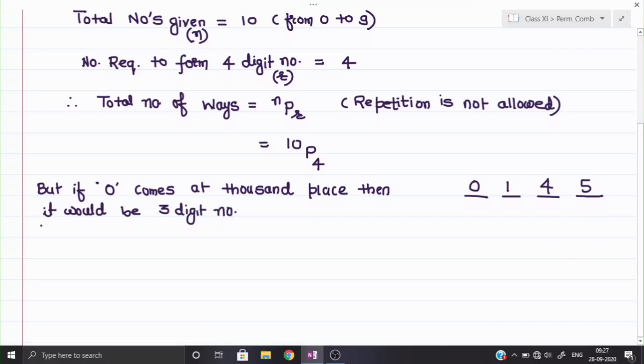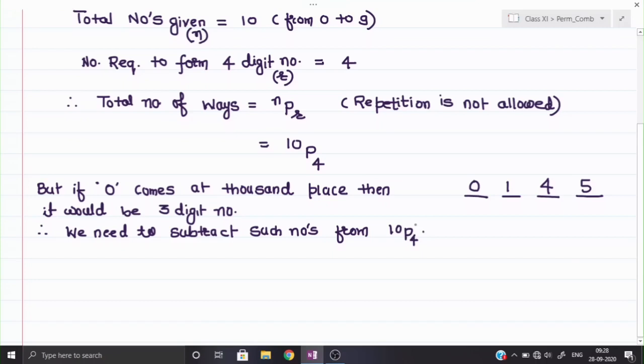Therefore, we need to subtract such numbers from 10P4, or you can write down, the total numbers formed.